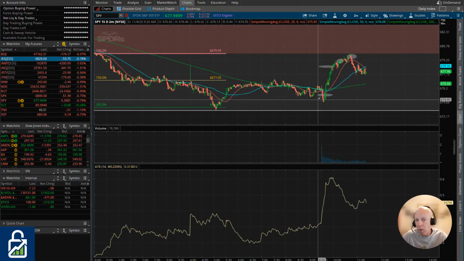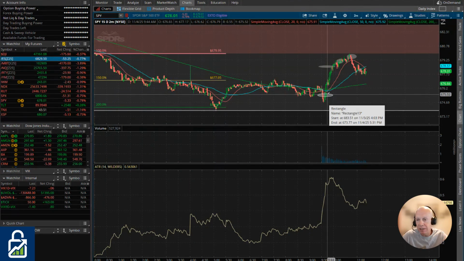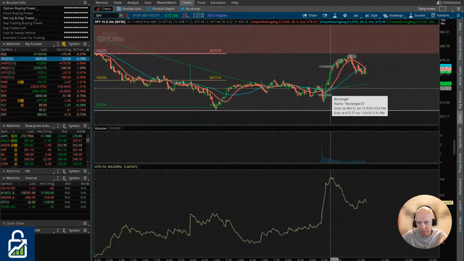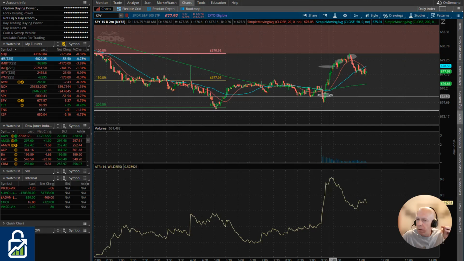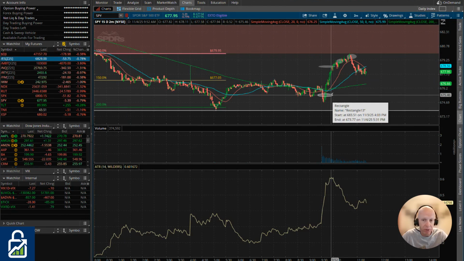So on open, at about this price point, we went long on a zero DTE SPY call. I think it was a 676. Now the initial move to the upside is a very high probability.